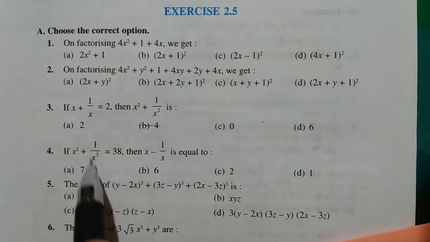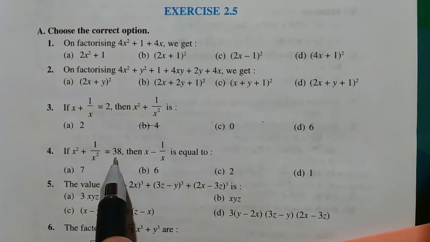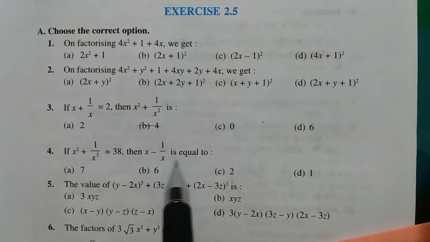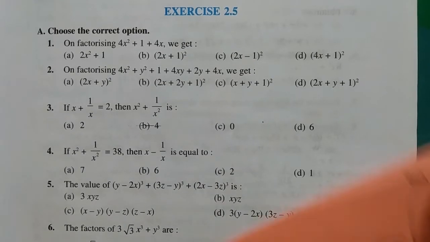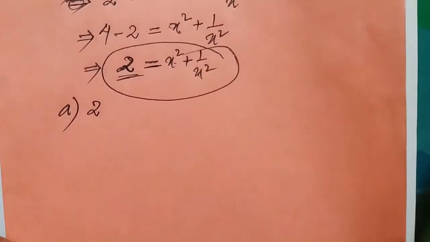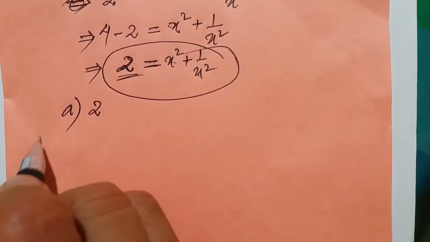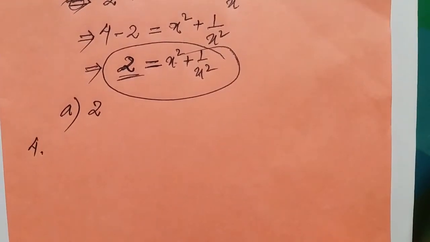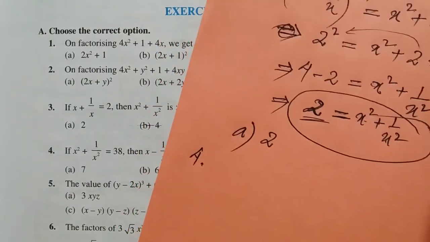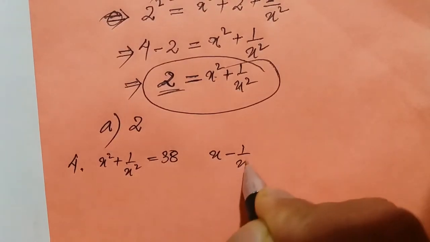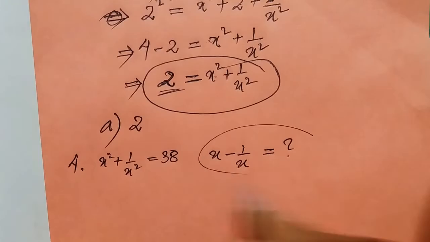If x square plus 1 by x square is equal to 38, then x minus 1 by x is equal to, now here again we're going to use an identity. So here it is given, x minus 1 by x is what we're going to find out.